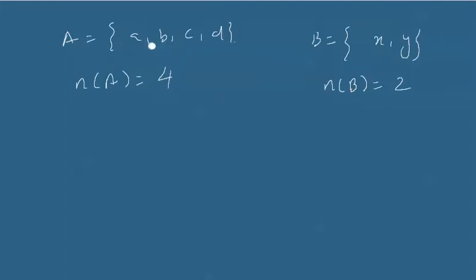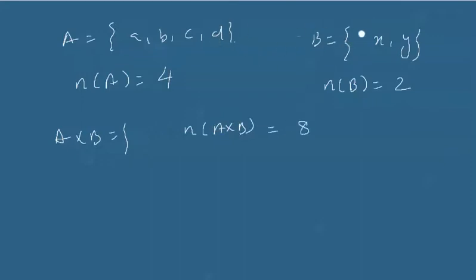So how many elements are in A cross B? Let us see. We can say (a, x), (a, y), then (b, x), (b, y), (c, x), (c, y), (d, x), (d, y). So you can say n of A cross B is equal to 8. There will be 8 elements.